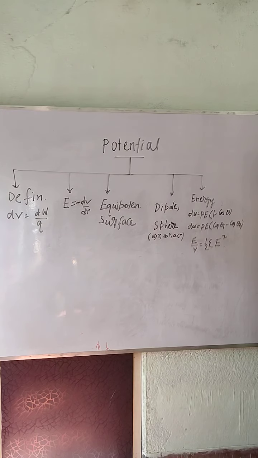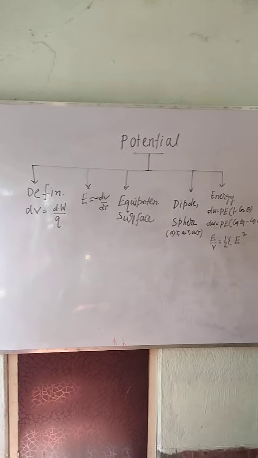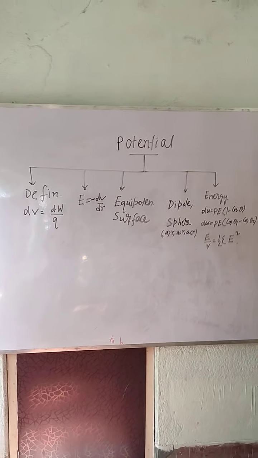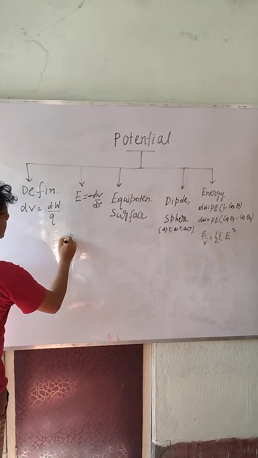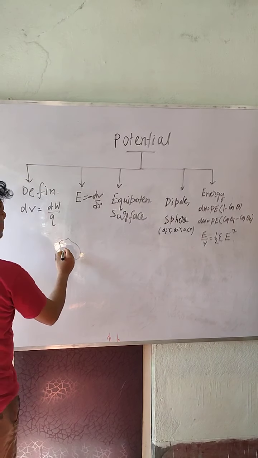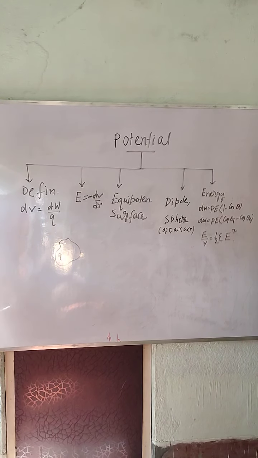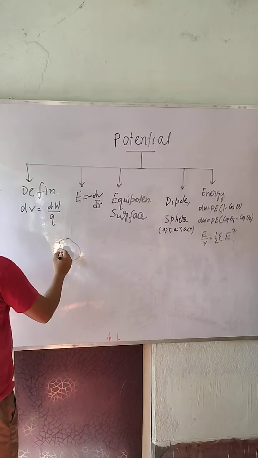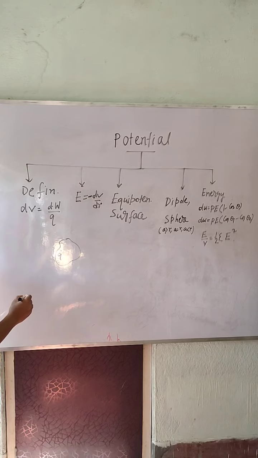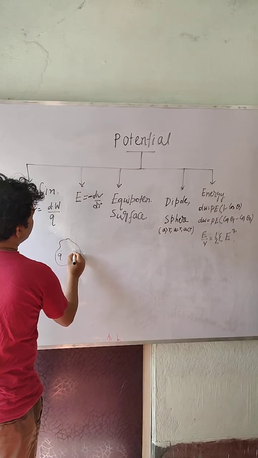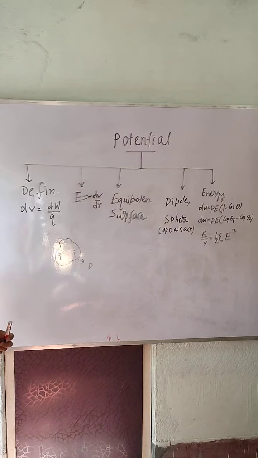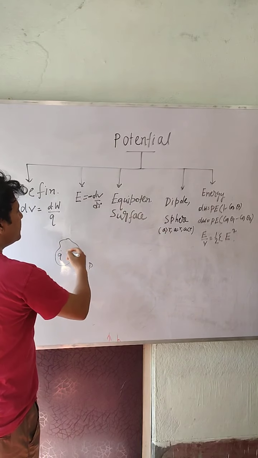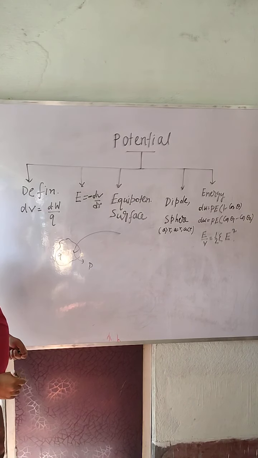So first we discuss the definition of electric potential. Suppose this is an electric field, and there is a charge for which the electric field has been created. Now, to calculate the potential at a particular point, say this is P, we must bring a unit positive charge from infinity to that particular point.